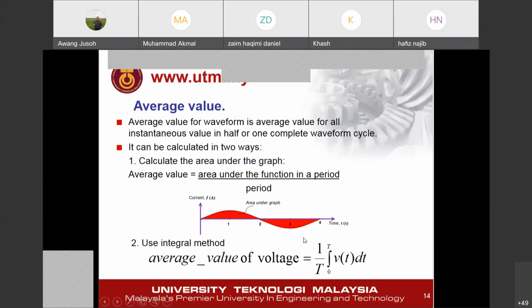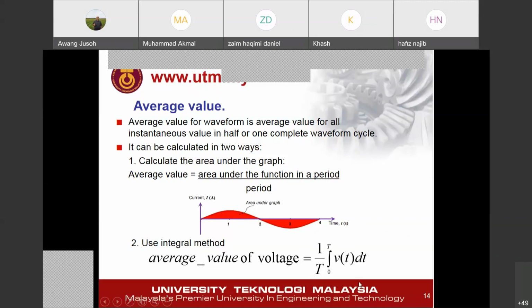This is the formula. V of t depends on the equation of the waveform. Normally in an AC system it is a sine wave, so V of t equals V max sin omega t. This represents the equation of the signal.